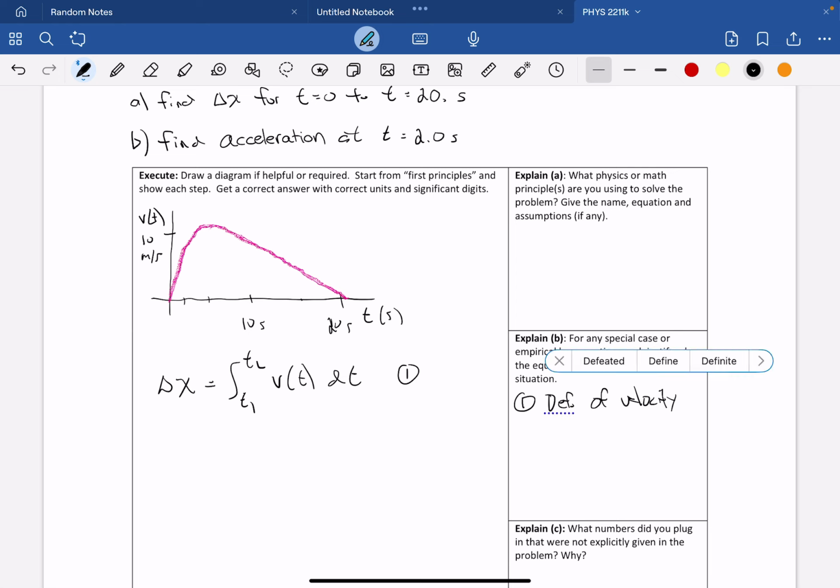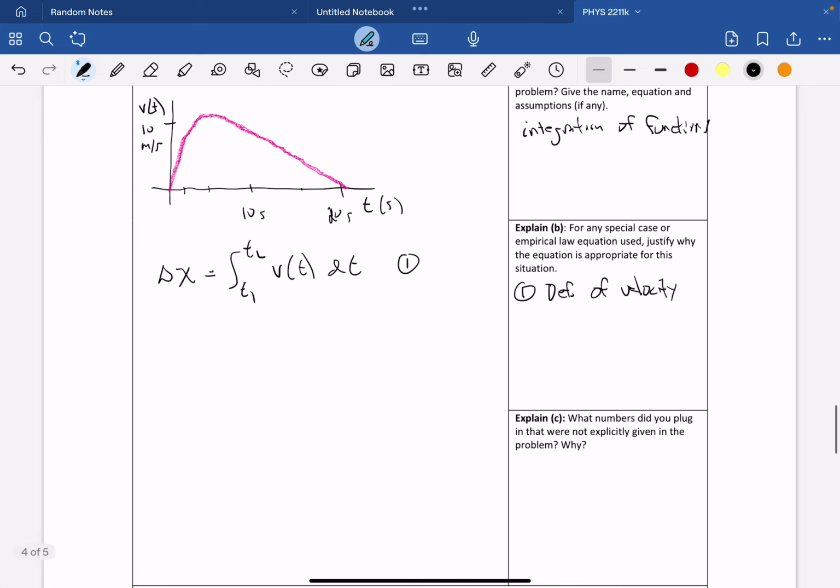Now, to actually get my answer, I need to integrate. One of the math principles that we're working on this week is integration of functions, so I'm going to put up here that we are using the math principle integration of functions to solve this problem.